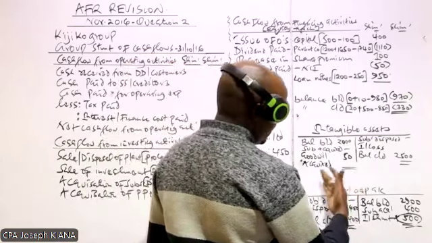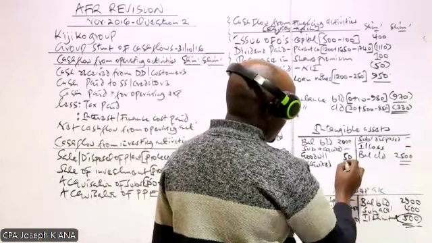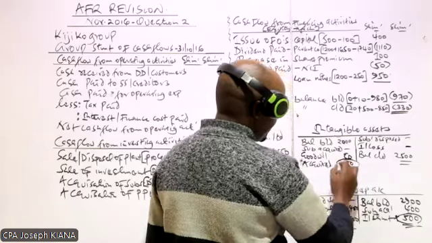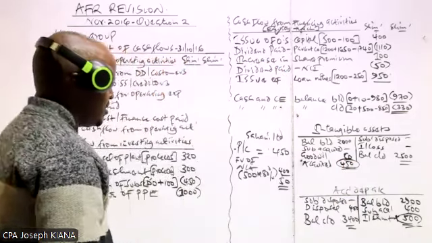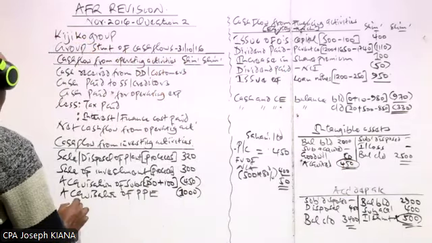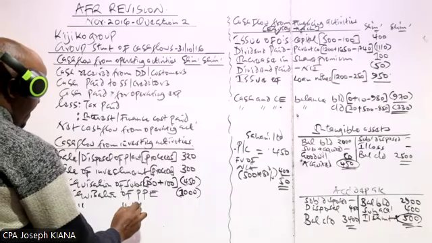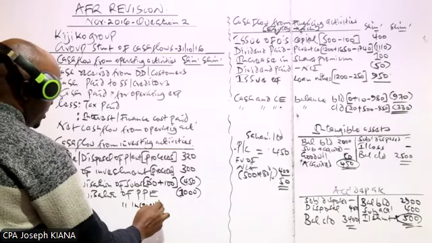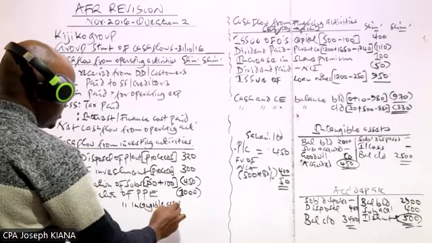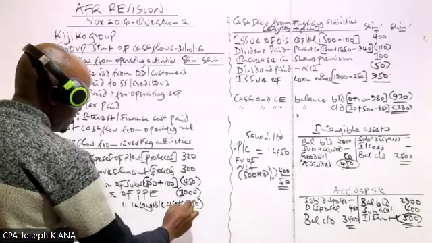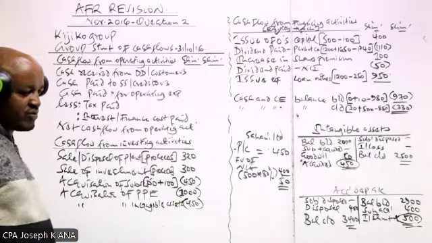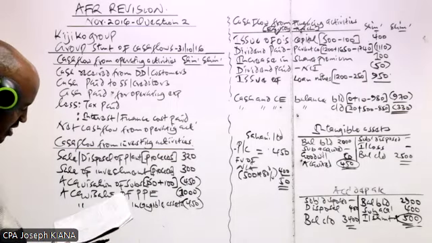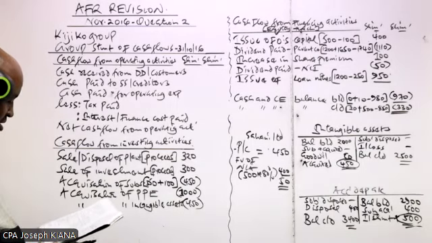So where do we have the balancing figure? I think we have a balancing figure on this side of 450. So that automatically represents acquisition of intangible assets, 450, which is equally a cash outflow. So I think we are done with that one.